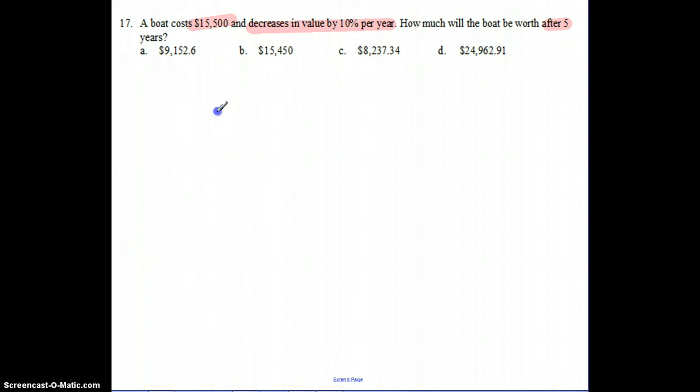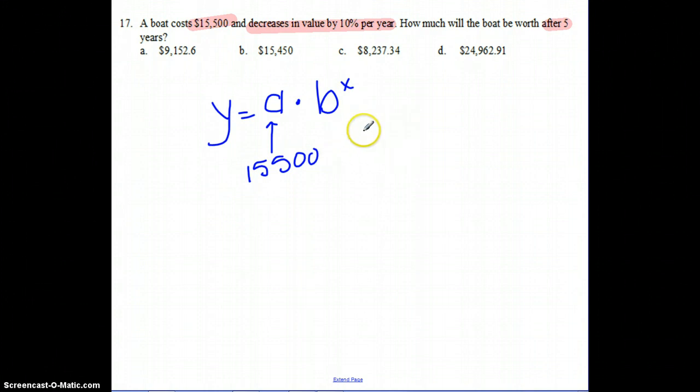So in this one, we're going to start out with our y equals a times b to the x. Now a is our 15,500. To do b, remember, this is a decrease problem, so we're going to take our 100 and subtract that 10% away, which is 90%.